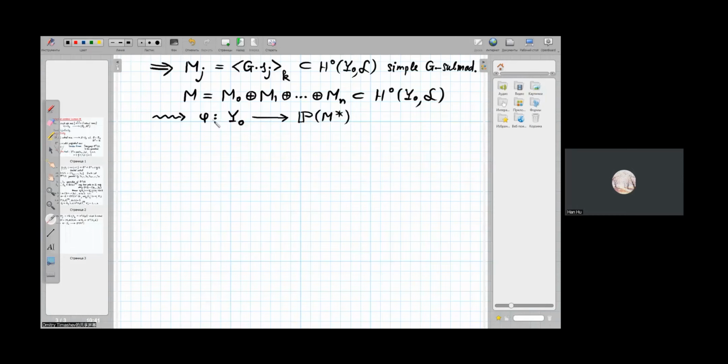So we have discussed how a finite subspace of sections defines such a map. And now the construction of a simple spherical embedding is as follows. So let me present the construction.